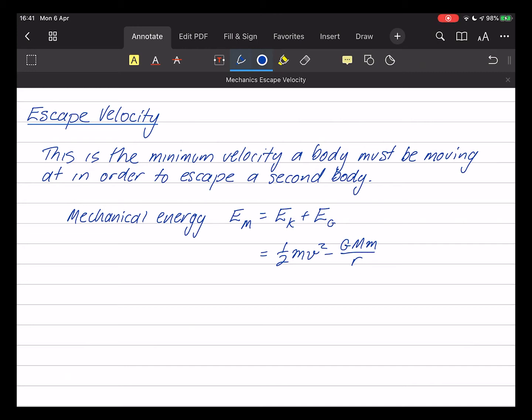So when the mechanical energy is greater than zero, it means the body is never coming back again. So when that mechanical energy is greater than or equal to zero, it's never returning.